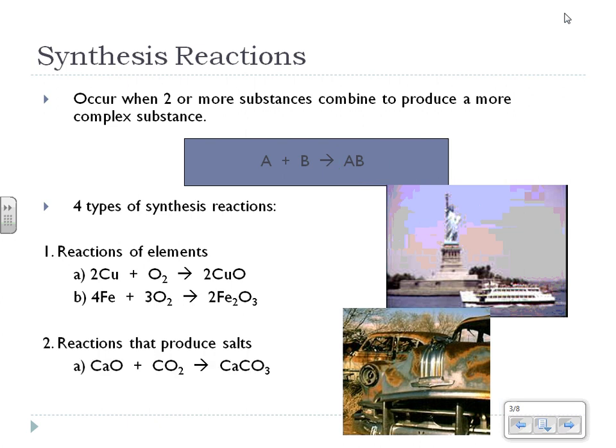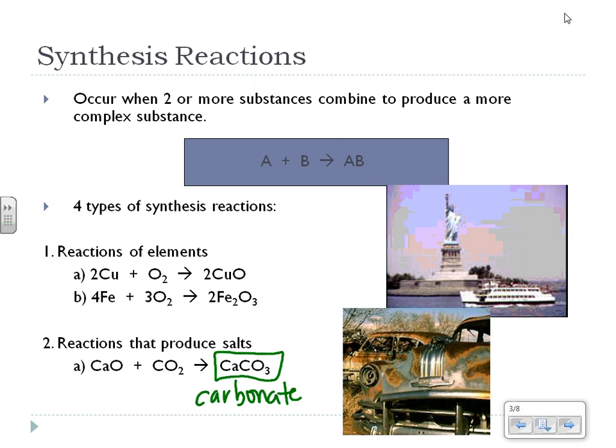The second one is a reaction that produces a salt, and the most common salt that we're going to see is a carbonate. So you can see I made, in this case, calcium carbonate. I had two reactants that made one single product, so I know it's a synthesis reaction because I only have one thing on my product side.